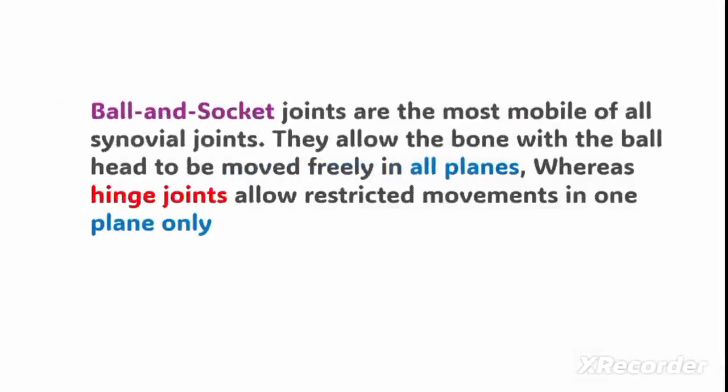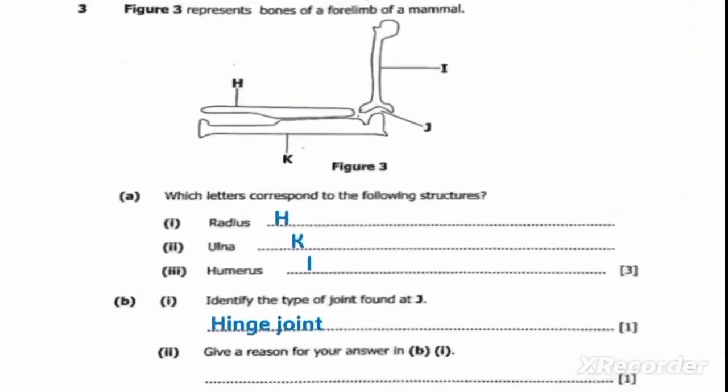They allow the bone with the ball end to be moved freely in all planes, while a hinge joint allows restricted movement in only one plane.